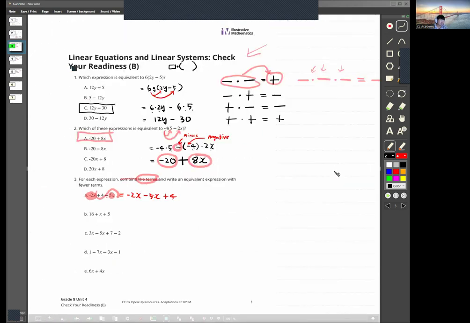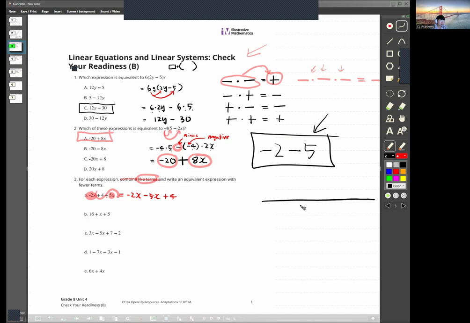Now, also, I notice some of you get confused with minus 2, negative 2, minus 5. Whenever you get confused, draw the number line. Say we start from -2 and we're subtracting 5. So -2, -3, -4, -5, -6.